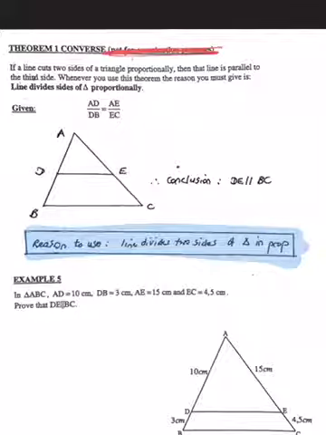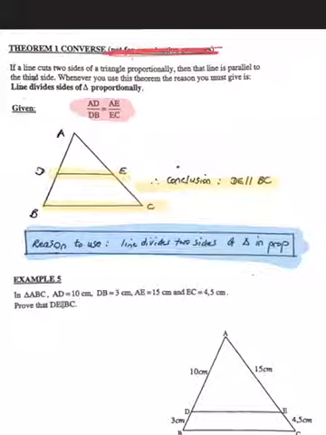So here they're telling you it's in proportion, so then we can conclude that the lines are parallel. Before, you were told the lines were parallel, and so you could conclude the proportion. So it's the opposite now. They have told us that we have two sides with equal ratios, and so we can conclude that we have parallel lines, so that DE is parallel.